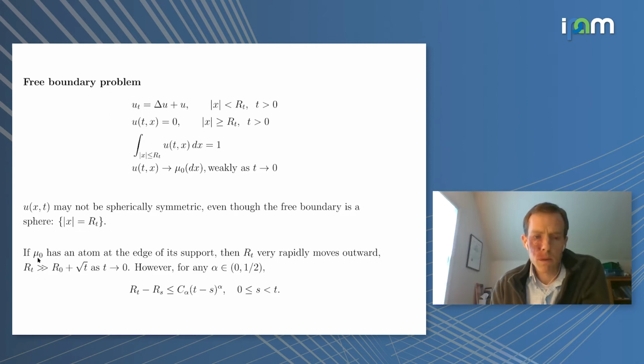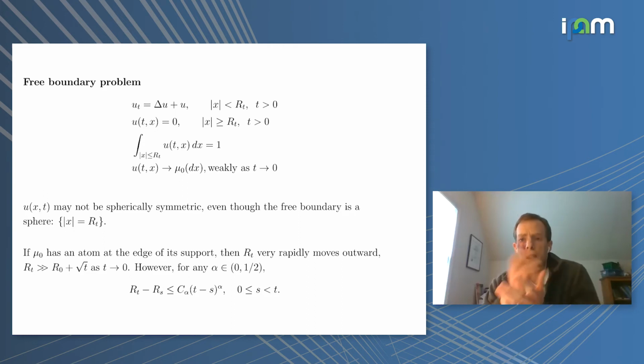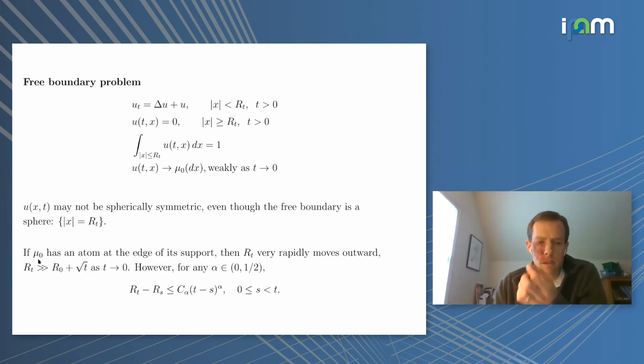If mu naught, the initial measure, has an atom on the edge of its support, then R(t) must move outward very rapidly. Consider, for example, the case where the initial measure mu naught is a single atom, just a delta function at the origin. Then R(0) is 0.